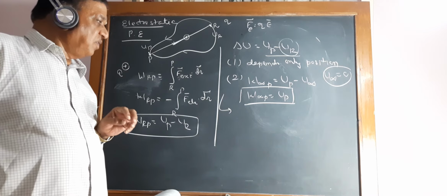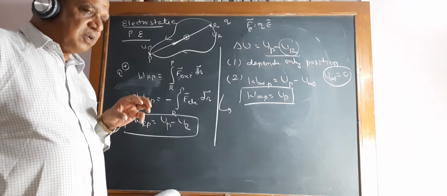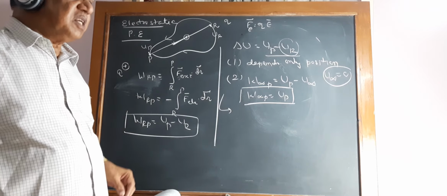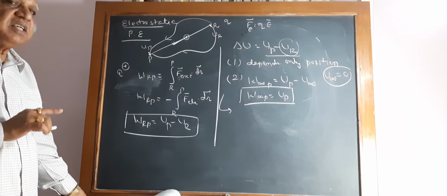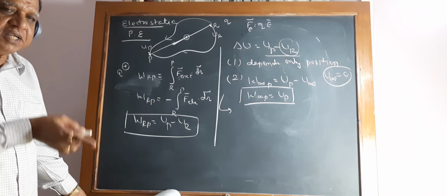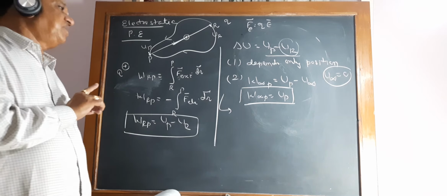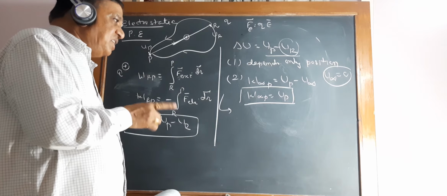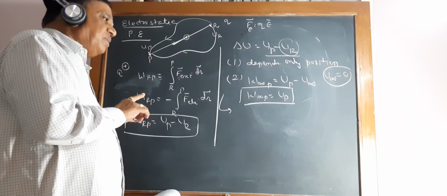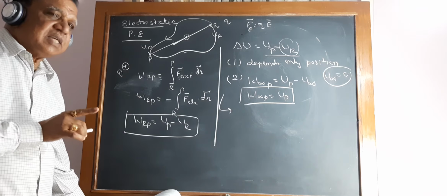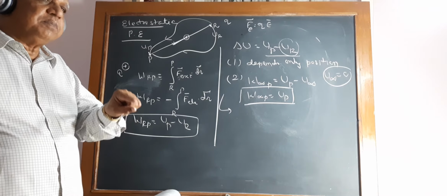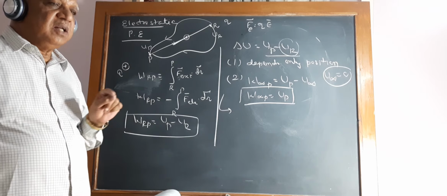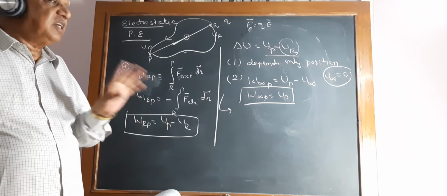Again, for any test charge, work required to be done in bringing a test charge from infinity to given point P against electric field for any type of charge configuration is known as potential energy of that charge at that point.